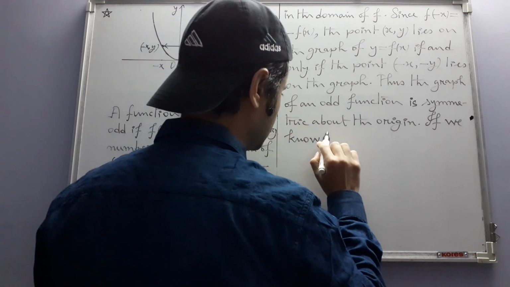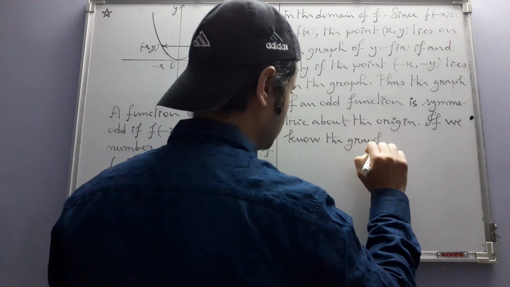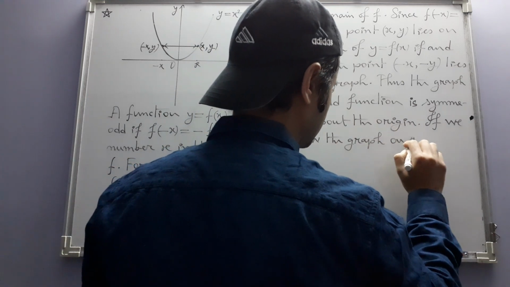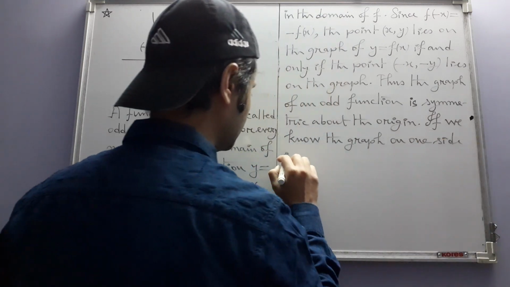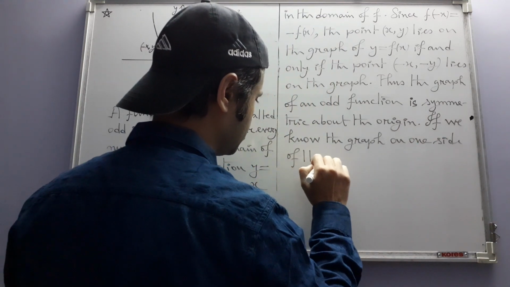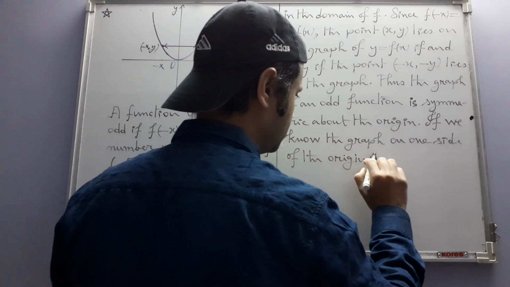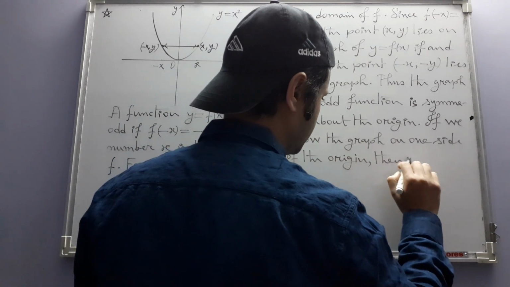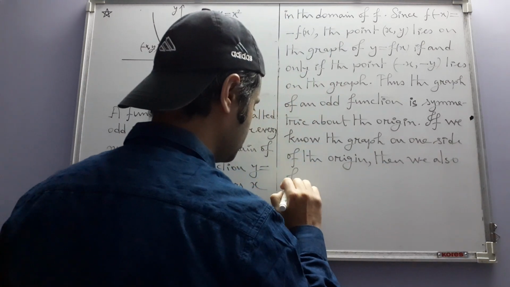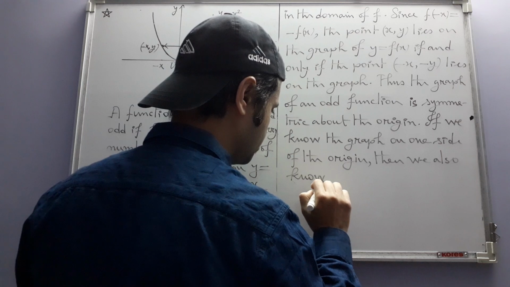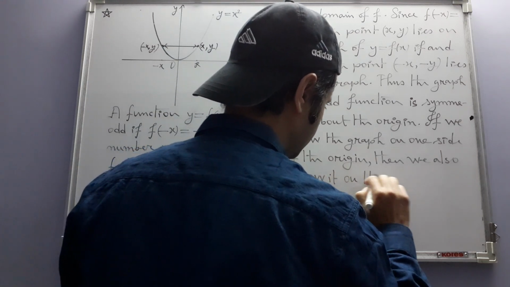If we know the graph on one side of the origin, then we also know it from the symmetry on the other side.